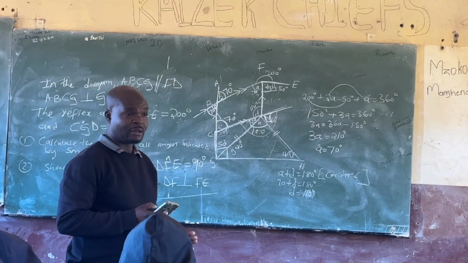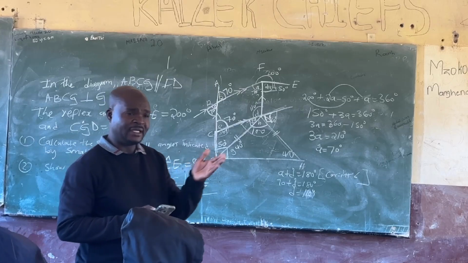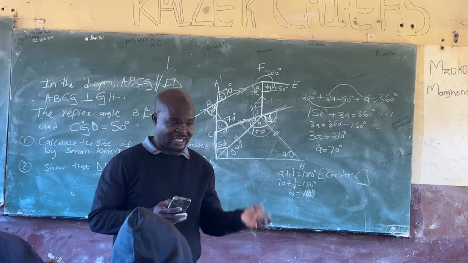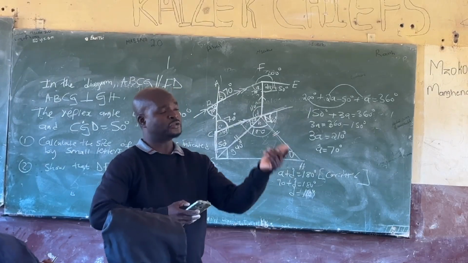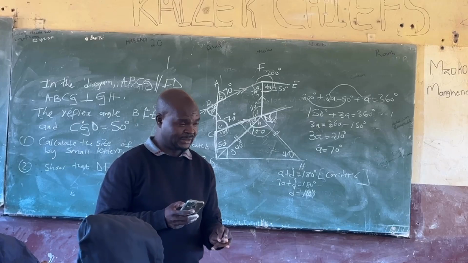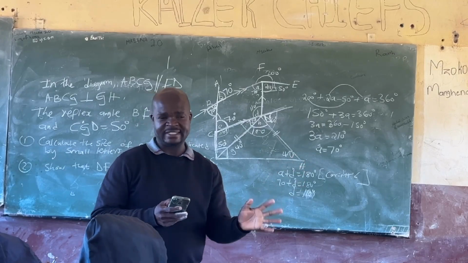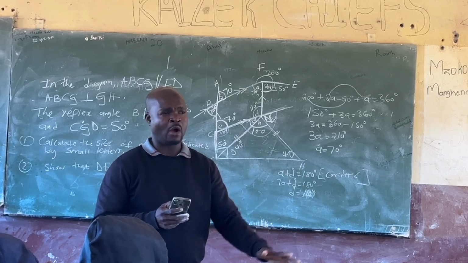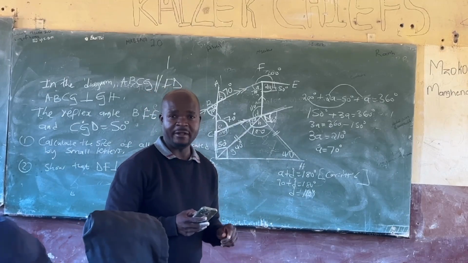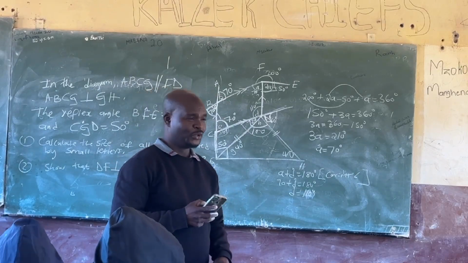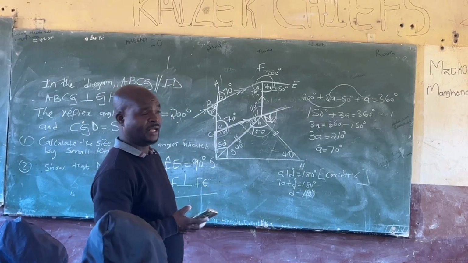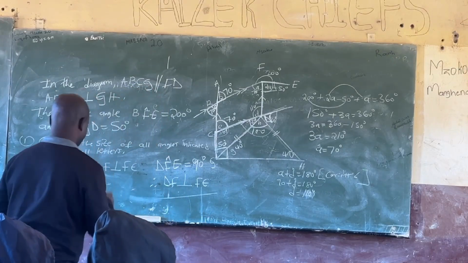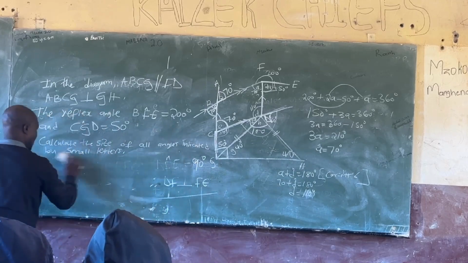Remember, I told you, you have analytical geometry. Then you go to trigonometry. Then you do this part again. This is very, very simple. Then let's continue. Similarities.